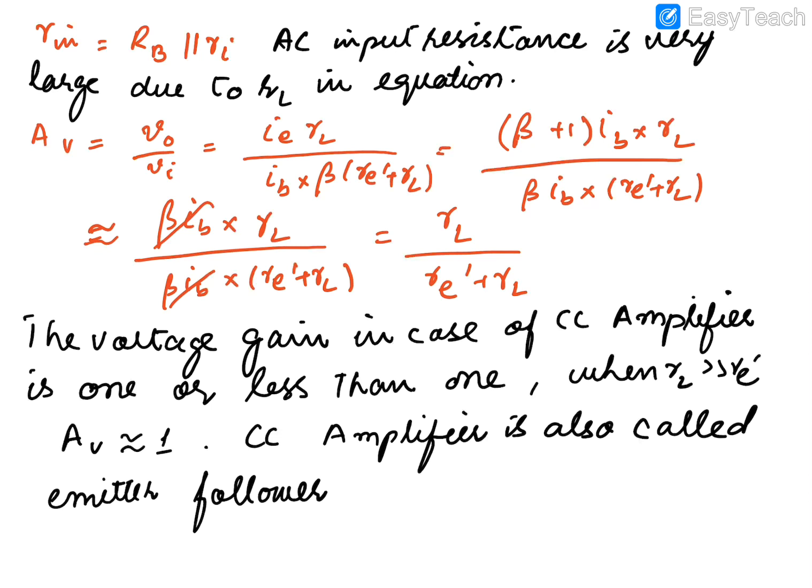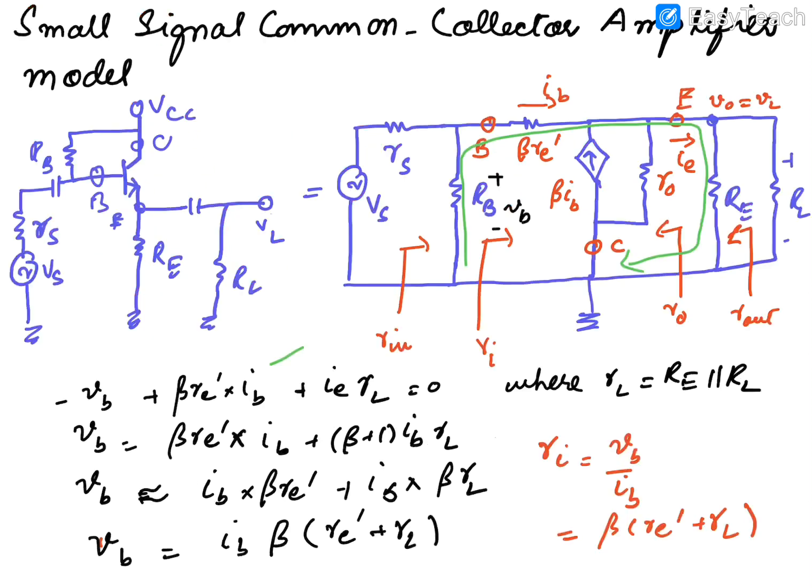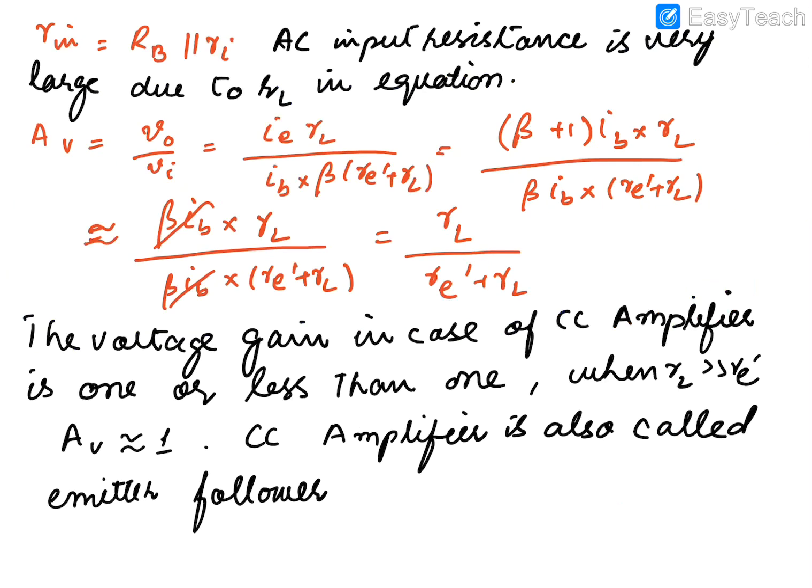V0 is the voltage across small RL, so V0 is equal to IE into RL, and Vi is equal to VB in this case. So by putting the values here, IE into RL divided by IB times beta RE dash plus RL, it is equal to RL divided by RE dash plus RL.